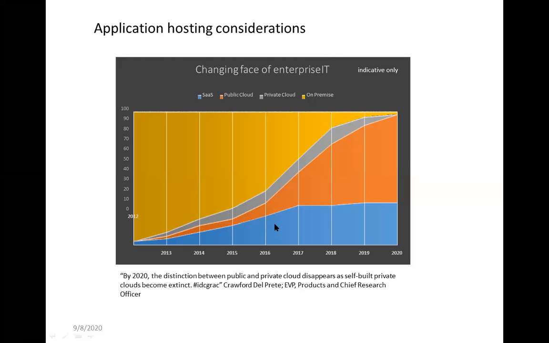So you can see on the screen here, this is the changing face of enterprise information technology. You can see SaaS, public clouds, private cloud, and on-premise development.